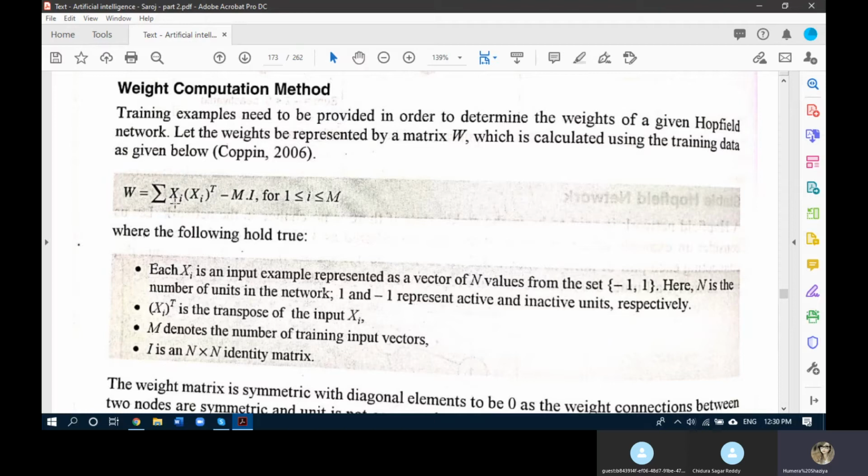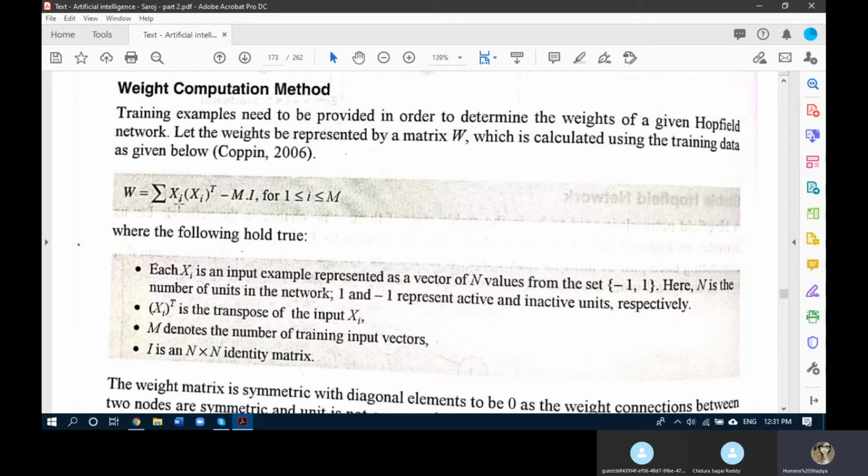xi is an input sample, multiplied into the transpose of xi. This xi is a vector. Vector means it is a set of values, for instance 0, 1, 1, 0, or 0, 1, 0, minus 1.